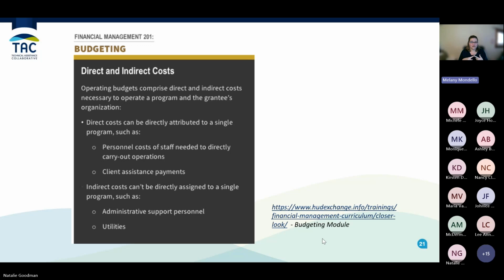So again, here, direct costs, single program, personnel, client assistance payments, rental payments. Indirect costs, the administrative support, the utilities, everything that allows us to easily do our job during the day, the paper clips, the pens, the paper, all of those types of things your agency might have as an indirect cost, not a direct program cost. Okay. Next slide.